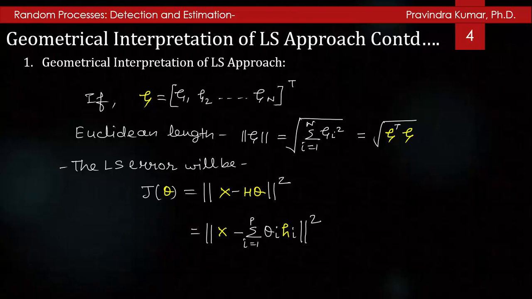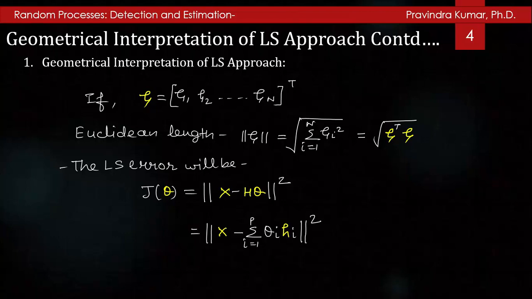Then the least square error can be written as J(θ) = the square of the norm of x − sθ, and it will be the square of the norm of x − the summation i = 1 to p of θi hi. The linear least square approach attempts to minimize the square of the distance from the vector x to a signal vector, the summation of θi hi, which must be a linear combination of the columns of H.